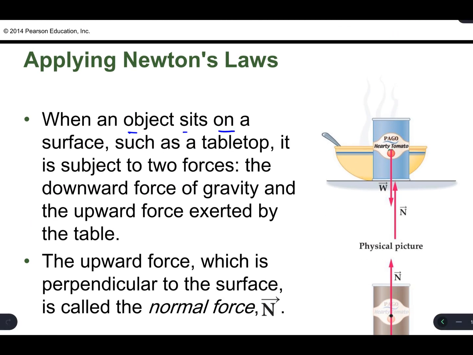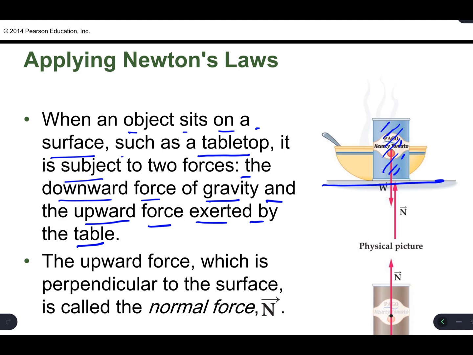When an object sits on a surface, such as a table top, it is subject to two forces: the downward force of gravity for this object and the upward force exerted by the table. So the downward force, we call it weight.